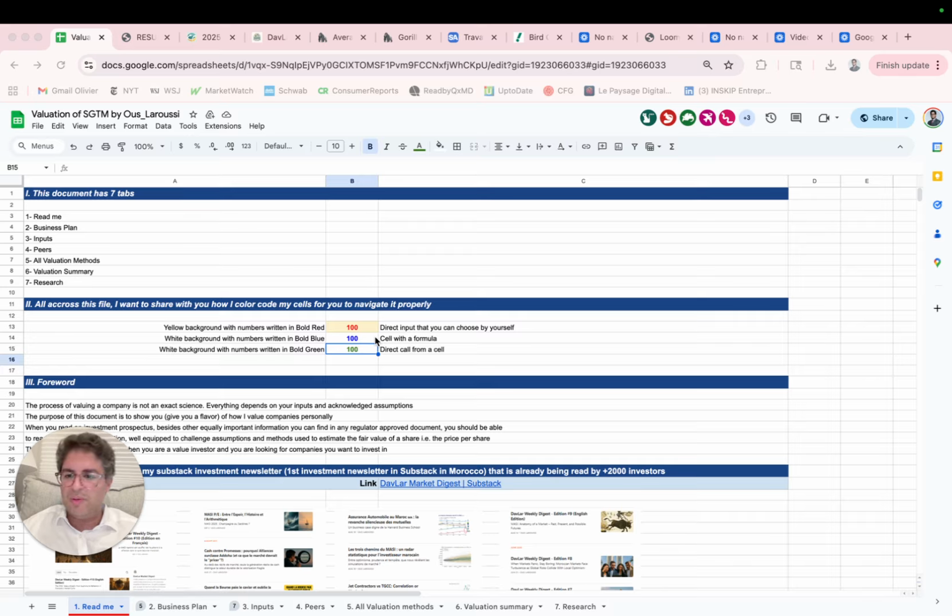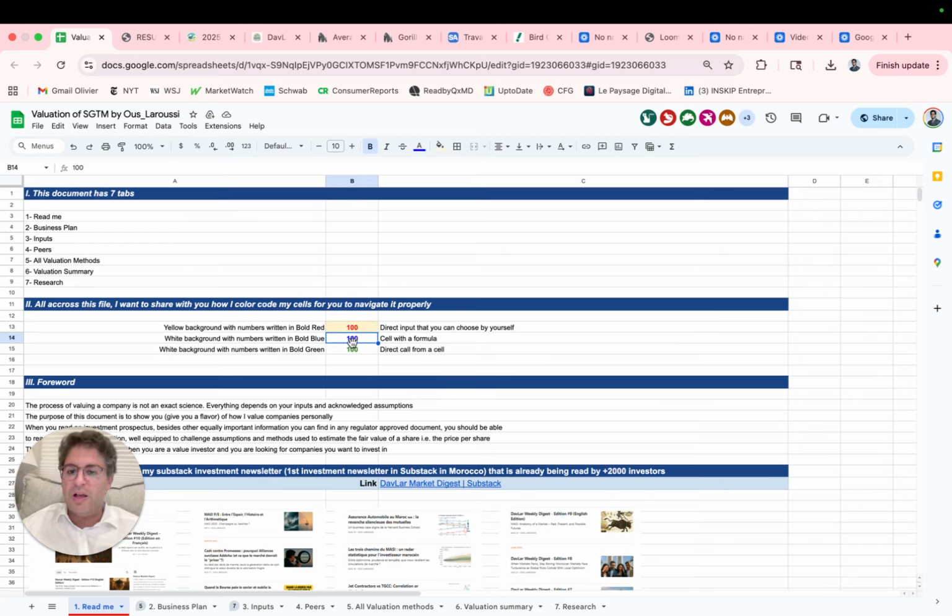I'm so OCD about certain things when I do my Excel spreadsheets. So whenever you see a yellow background with numbers written in bold red, this means this is a cell that takes an input. Please feel free to change it if you don't like it. That's your own business. But that's why I have them in yellow. It means I can control the outputs that I want through certain cells in this format.